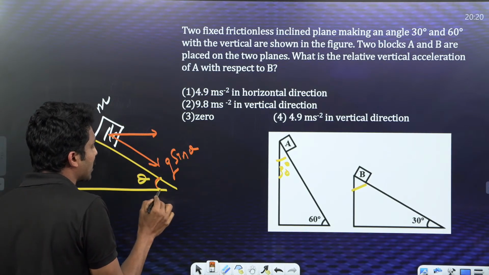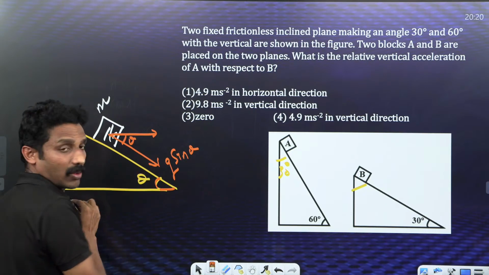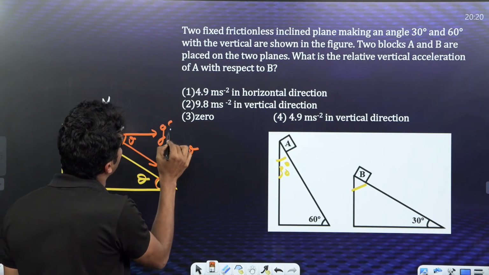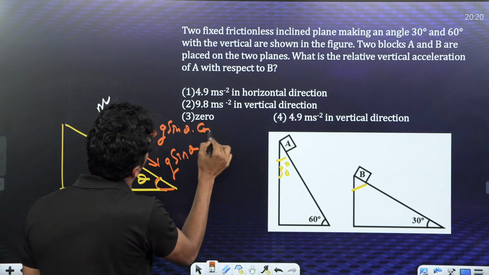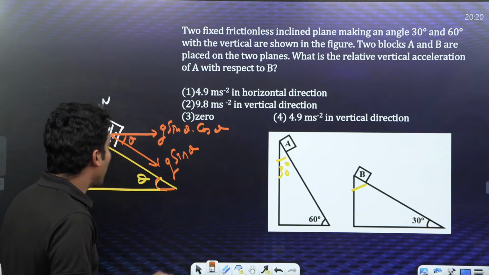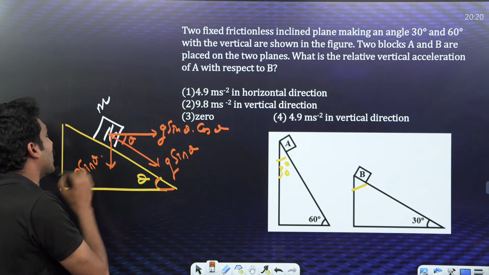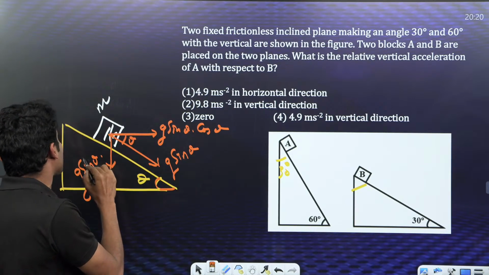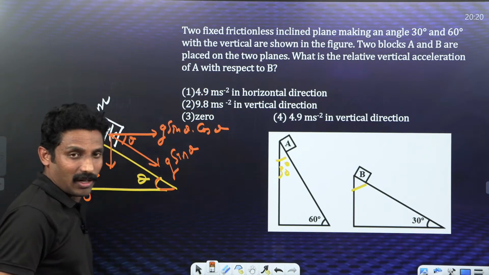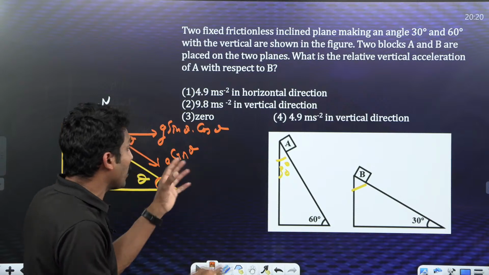If this angle is theta here, this angle is also theta. The horizontal component is g sine theta into cos theta. And the vertical component is g sine theta into sine theta, which means g sine square theta. This is the vertical acceleration of each block.